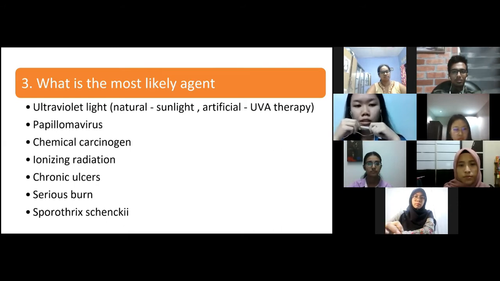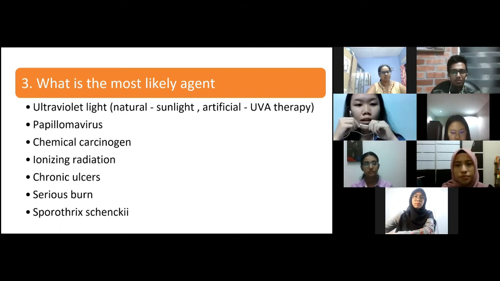The third one is chemical carcinogens, for example inorganic arsenic, which is normally found in insecticides and herbicides, and also industrial chemical carcinogens, for example tars and oils. The other most likely agents also include ionizing radiation, chronic ulcers, serious burns, and also the fungus Sporothrix schenckii, which can cause sporotrichosis in cats.